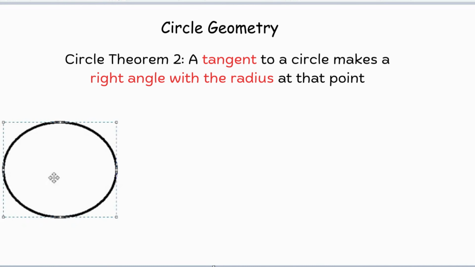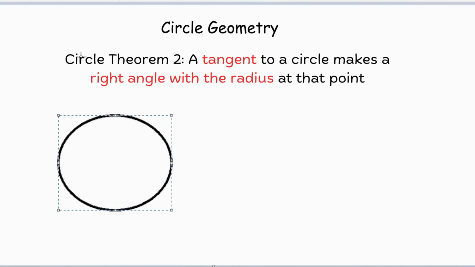Here is our circle. So what's a tangent? A tangent is a straight line that meets a curve or a circle at exactly one point. In this case, we are talking about a circle.